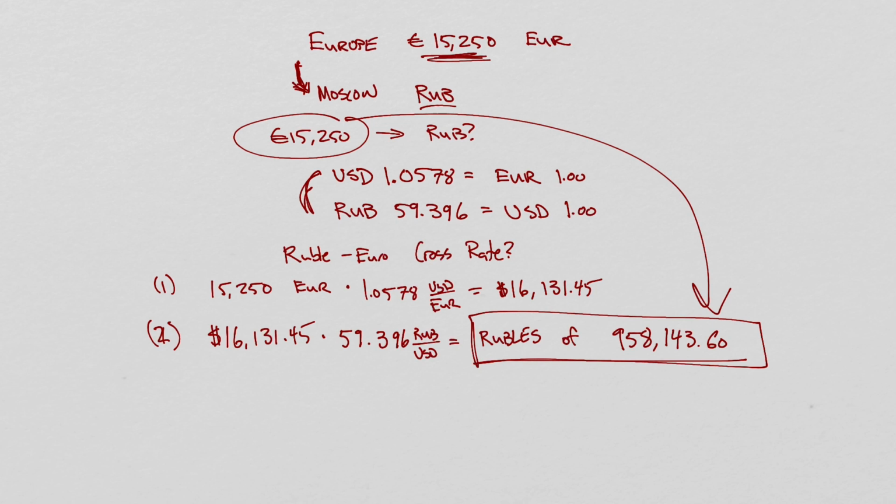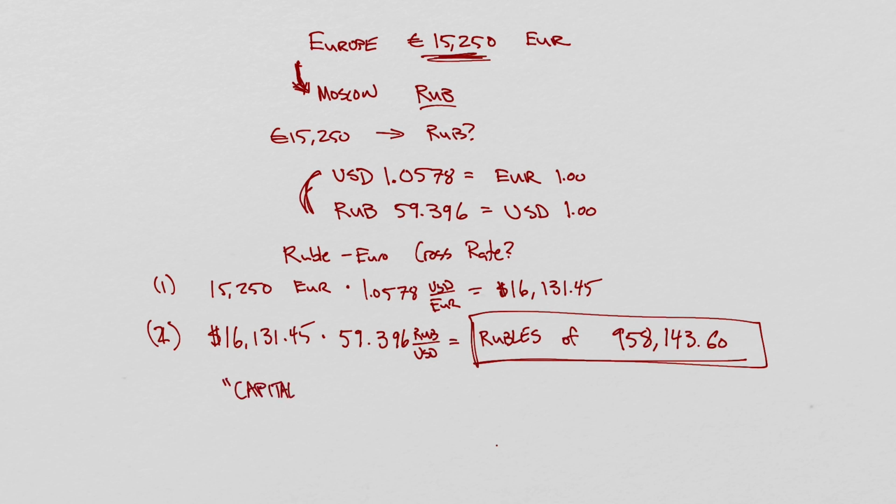Now, just considering political events and stuff, what has happened recently between Russia, the Russian currency and the rest of the USD is that, well, you see this sometimes with different countries' currencies, and what happens is sometimes they institute something called capital controls. We'll talk about capital controls more in subsequent chapters.